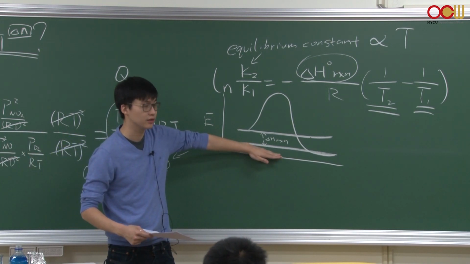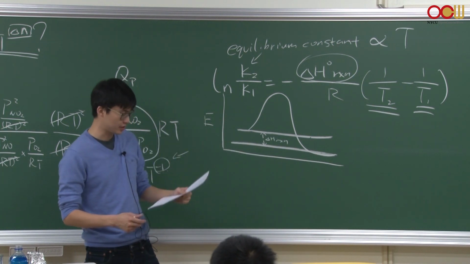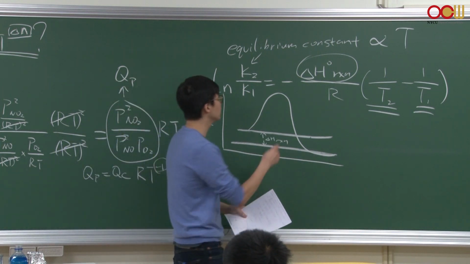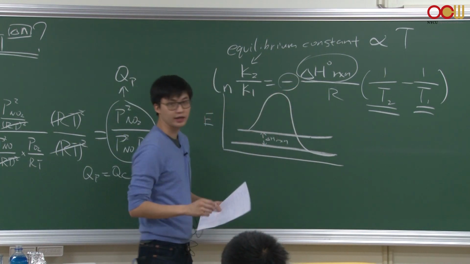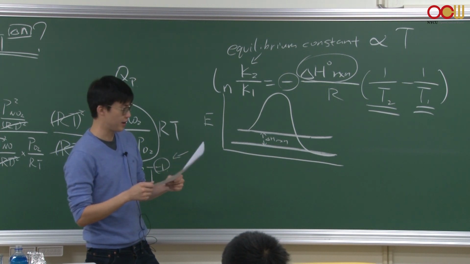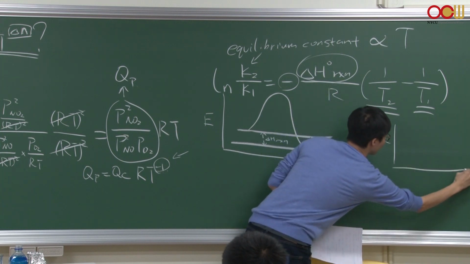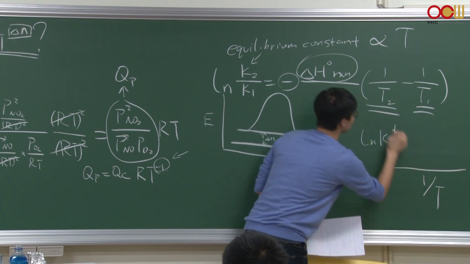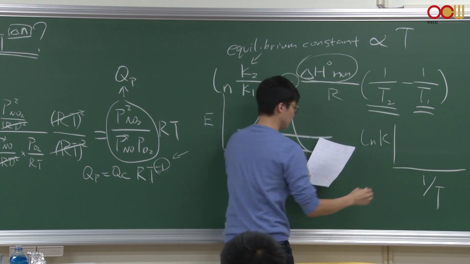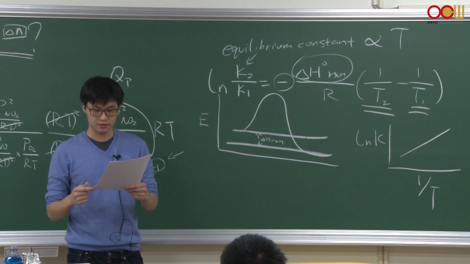In this case, everybody agrees this is an exothermic reaction, right? So in the case where it's an exothermic reaction, we recognize there's a negative sign here, all right? So if we have an exothermic reaction, your natural log K versus 1 over temperature, this term here, will give you a slope like this.